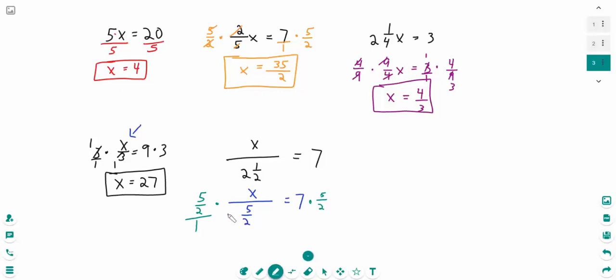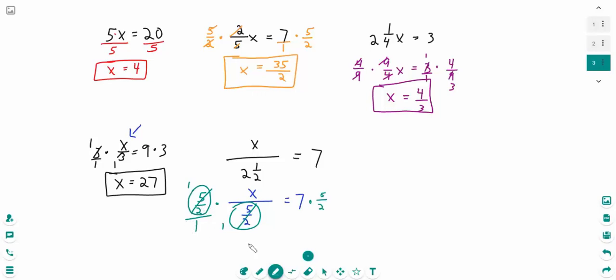And the reason we're thinking of it that way is it's a little bit easier to see that this 5/2 and this 5/2 can actually just cross cancel each other right out, right? And they can become a 1, right? Hopefully that makes sense. You see how that works? So we're cross canceling out the 5/2.